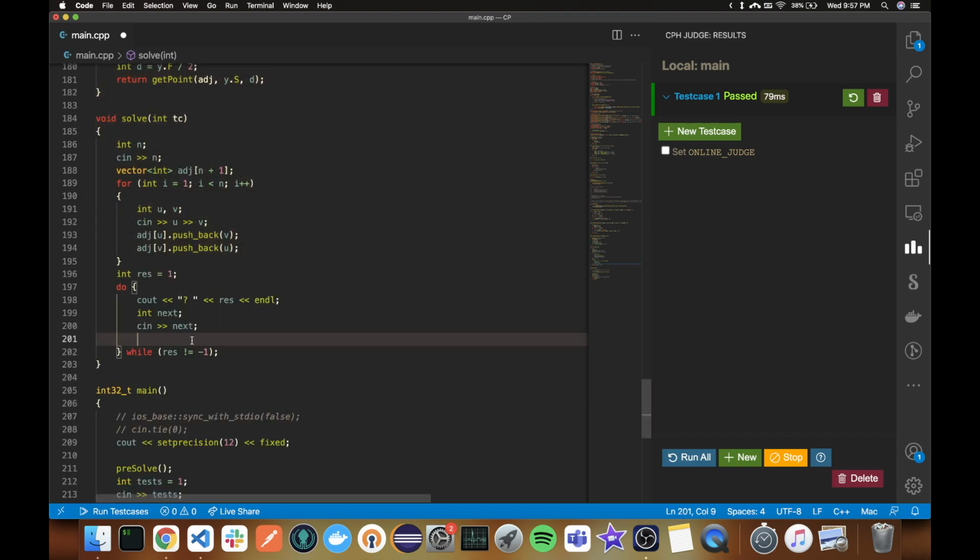Now all I have to do is remove such that, okay.